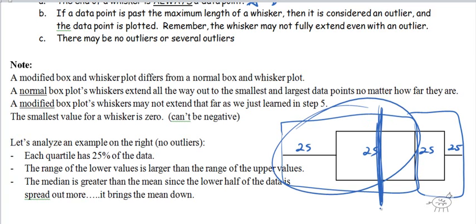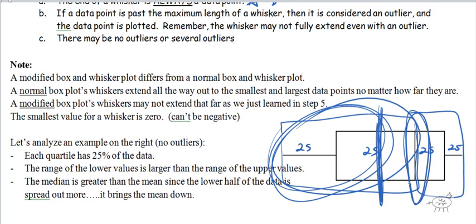But the range of data extends all the way down to here, so the median is going to be higher. Do you guys agree with that? Because this is truly the median right here, isn't it, math fans? The lower data points kind of suck the mean down to lower amounts. So in this case, the median is greater than the mean since the lower half of data is spread out more. And that's a pretty important phrase here: spread out more.